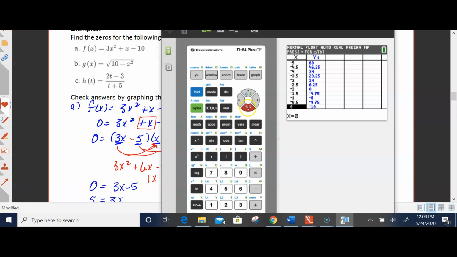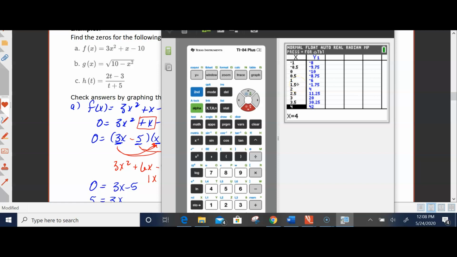We probably won't see that one on here because it's a fraction, and a lot of these won't show up on your calculator, but you will notice whenever you have a change in signs on these y values, that means there's a 0 between those two. It crossed the x-axis. So 5/3 is between 1.5 and 2.